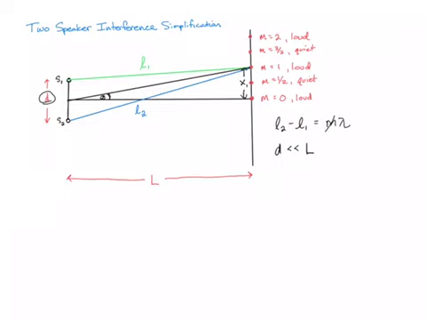As long as D is much, much less than L, then we can make what's called an angle approximation by saying they're all pretty much parallel. And so what I'm going to do is I'm going to add a little triangle right down here.